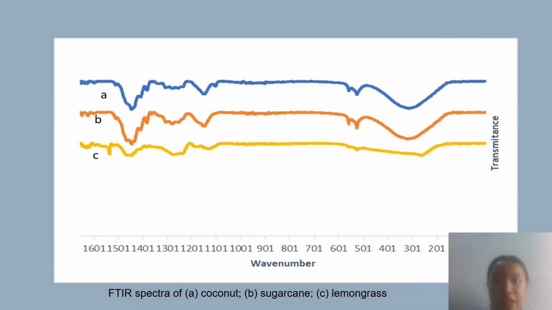The FTIR spectra: A represents coconut leaf, B is sugarcane leaf, and C is lemongrass leaf. The absorption peak between 201 and 301 was attributed to the OH vibration of absorbed water.